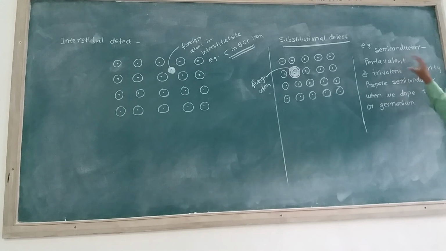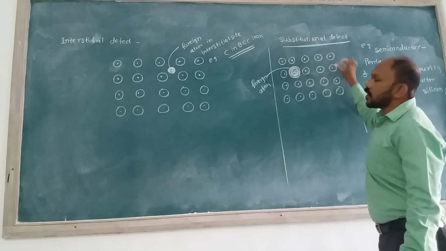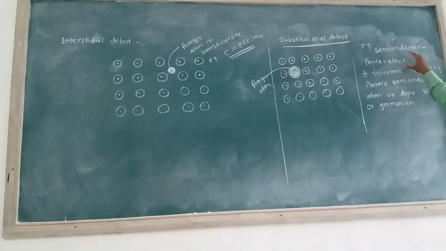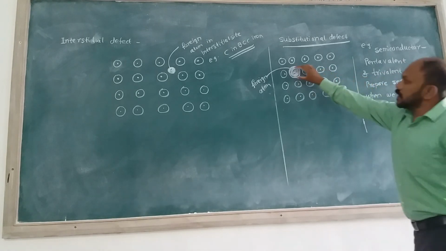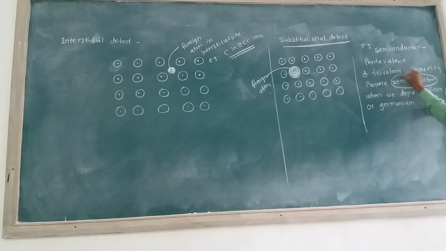If they are inserted in between the silicon or germanium atoms, only then is it possible to make this semiconductor material.